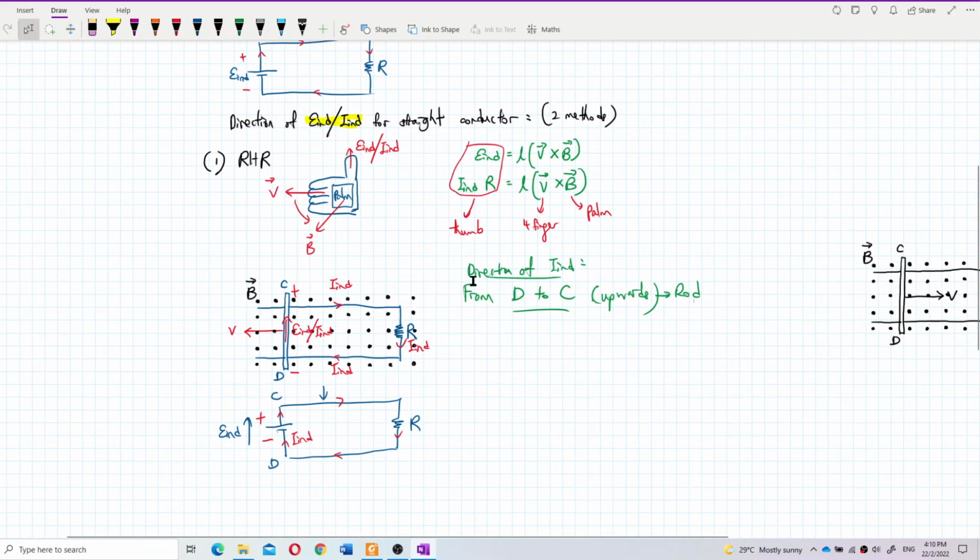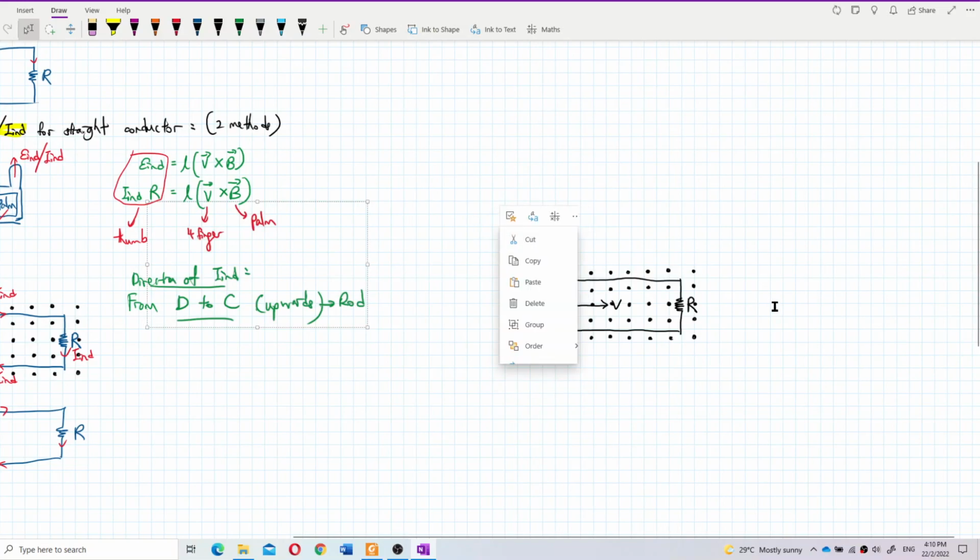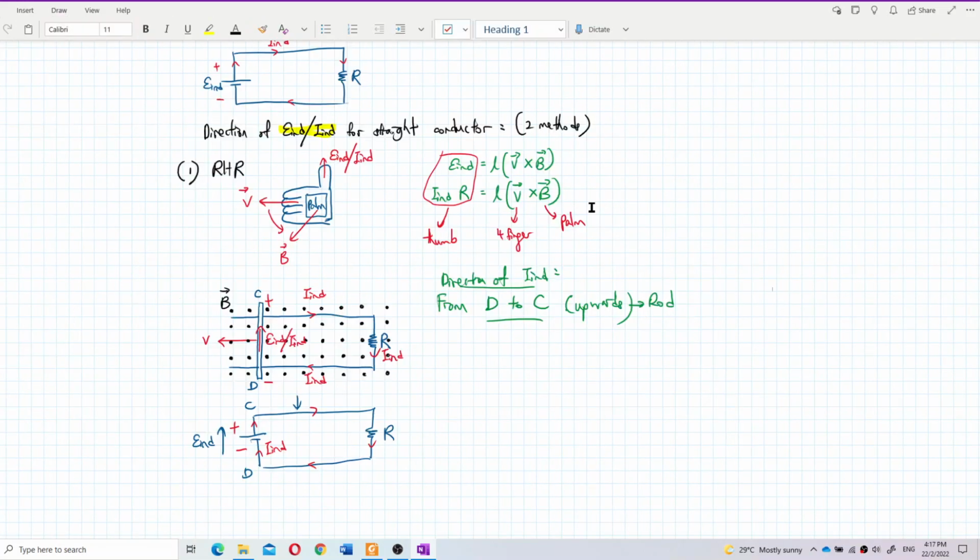Using the right hand rule, very simple. Okay, now I want to teach you the second method of finding the direction of induced EMF or induced current.